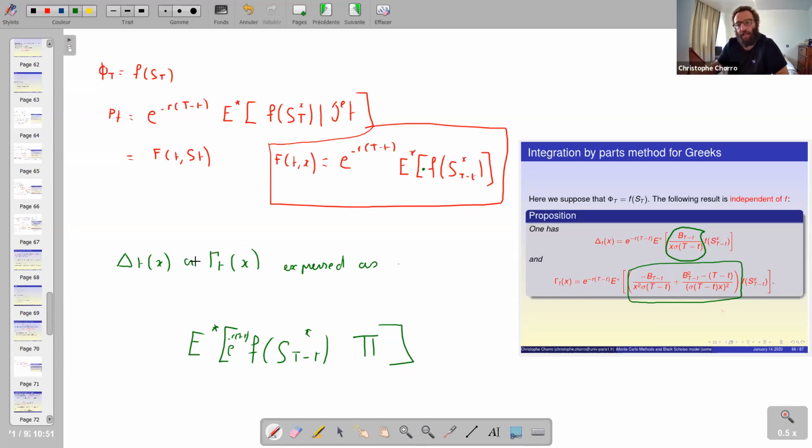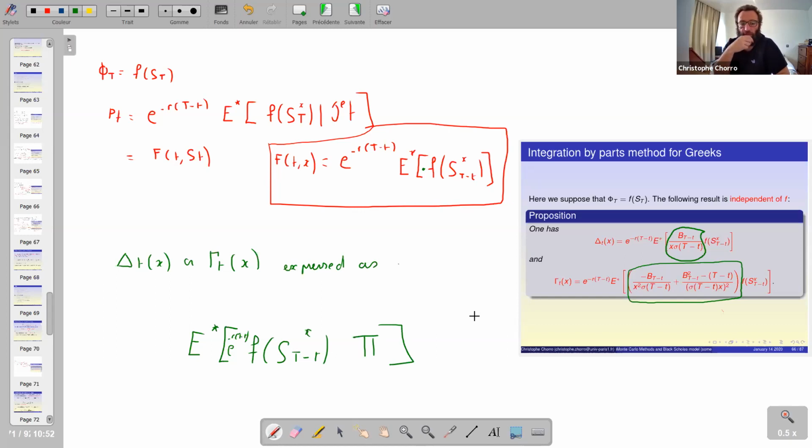So it means that I am able to have an expression of the delta and the gamma without using a derivative, just writing it as an expectation under the equivalent martingale measure of something that looks like the price, multiplied inside by a random variable that we are going to obtain just after.